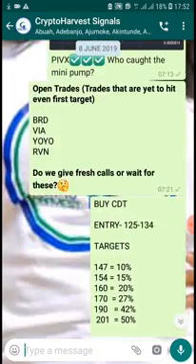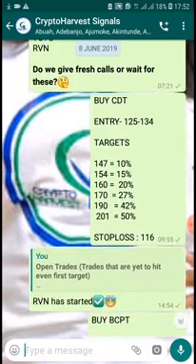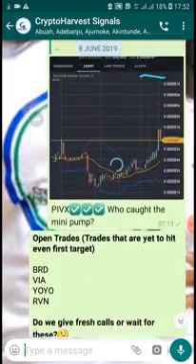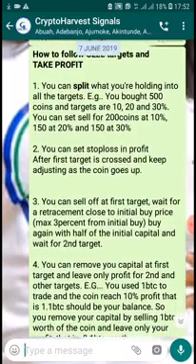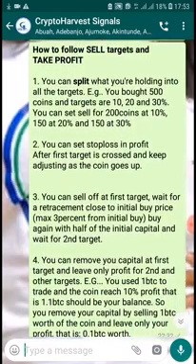In my previous videos, I've talked about buying in tranches, so you can check the other videos to know how to buy in tranches. Taking profits now, let's say you bought CDT. The first way you can take profit is to split what you're holding across all the targets.